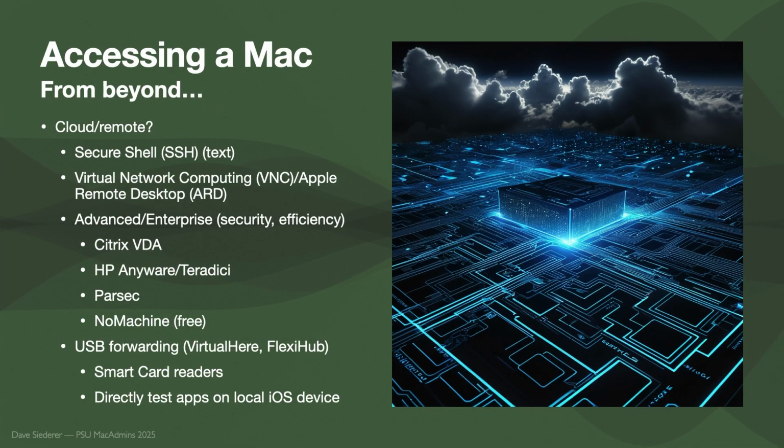So things like Citrix. If you have a Citrix infrastructure, Citrix does work with macOS, especially on the cloud side. HP Anywhere is a product formerly known as Teradici. The idea is that it gives you an enhanced, typically H.264 video and audio stream.